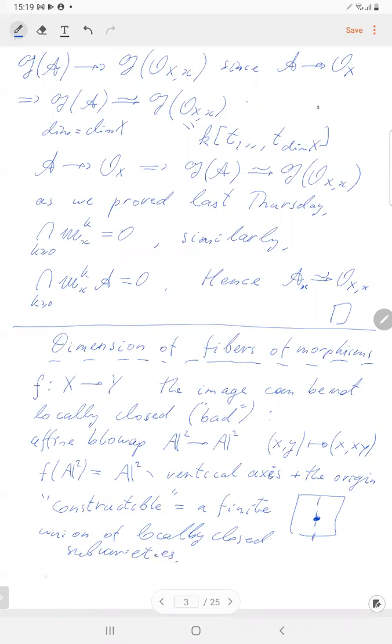And indeed, this is a theorem by Chevalley, Claude Chevalley, that the image, this f of X, is always constructible in Y. Okay, and we're going to prove this theorem, but after some preparations, or it will be a corollary of the next proposition.